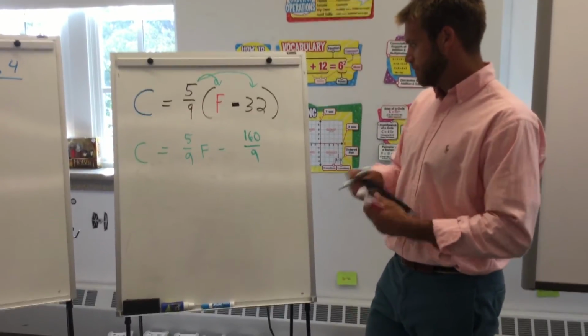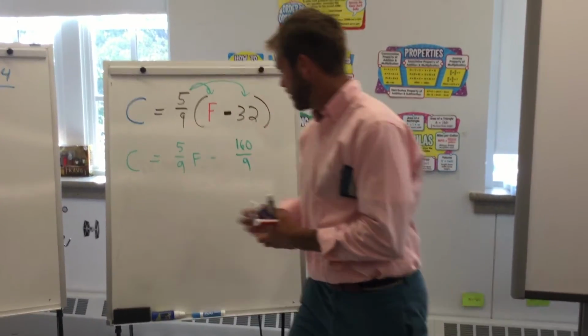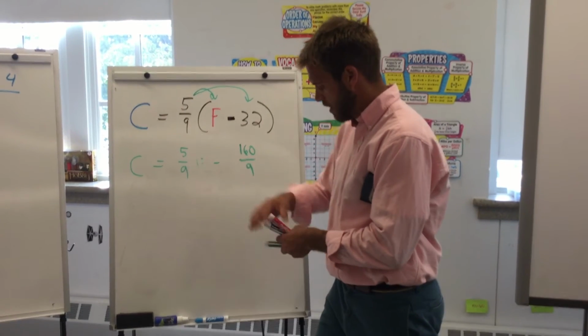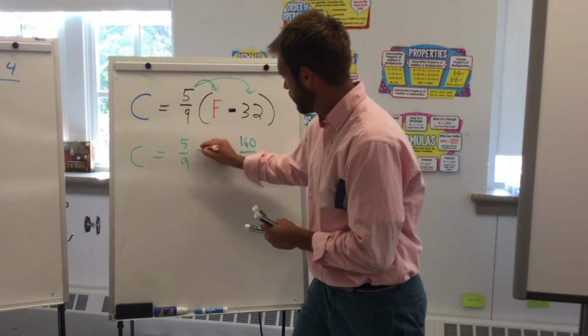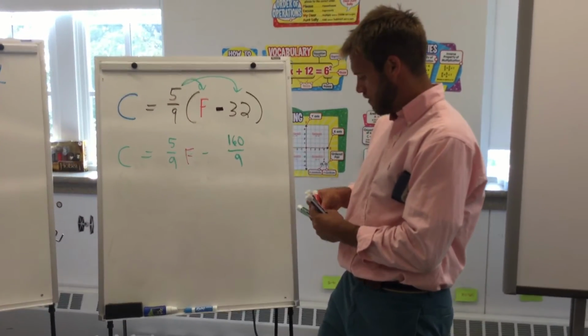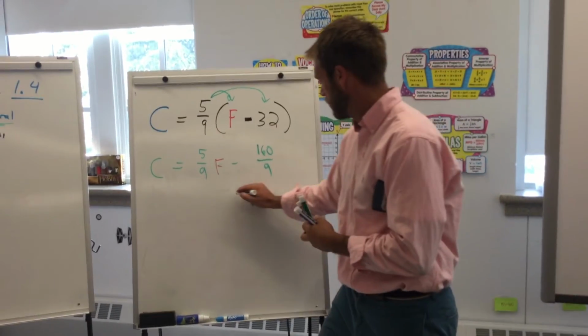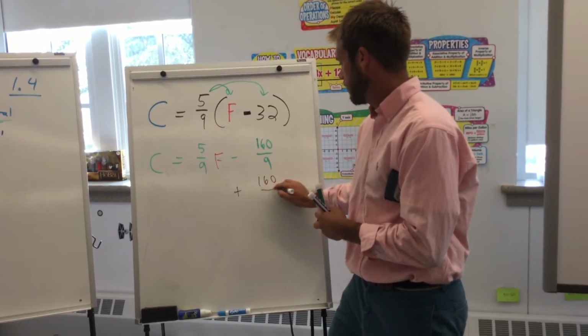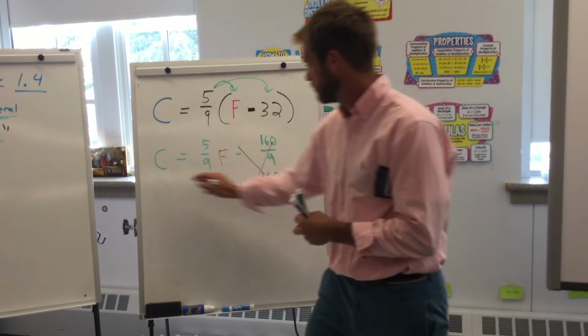At this point, I'm going to try to get F by itself. So I can make 0 here by adding the fraction, 160 over 9.